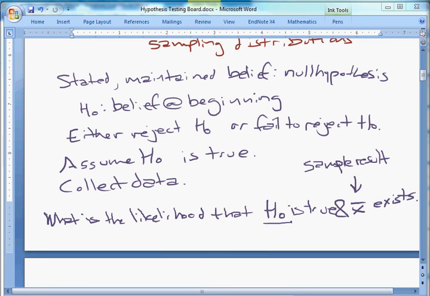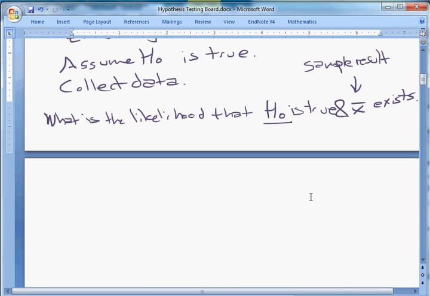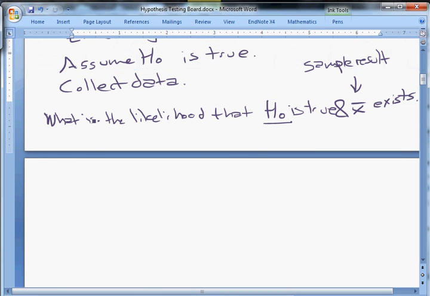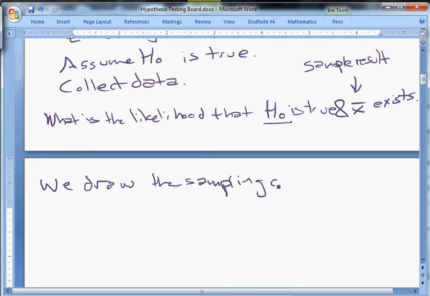We're very careful about stating a belief, and then we take that belief and see what the probability is that we would get our result if that belief were true. The way this works in practice, to make it a little more complicated, is that we draw the sampling distribution under the null, and then we use that sampling distribution to come up with a probability.